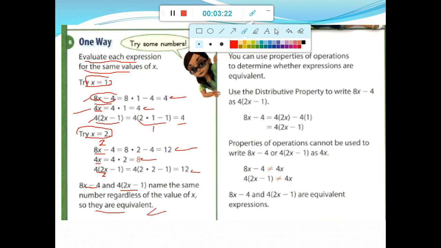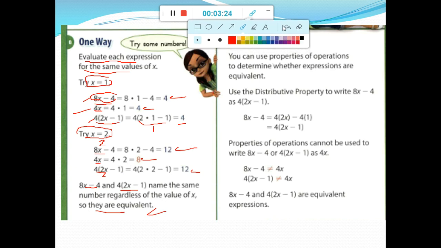Now, another way: you can use properties of operations to determine whether the expressions are equivalent or not. Now, for the first one, 8x minus 4, we can't use any distributive property.